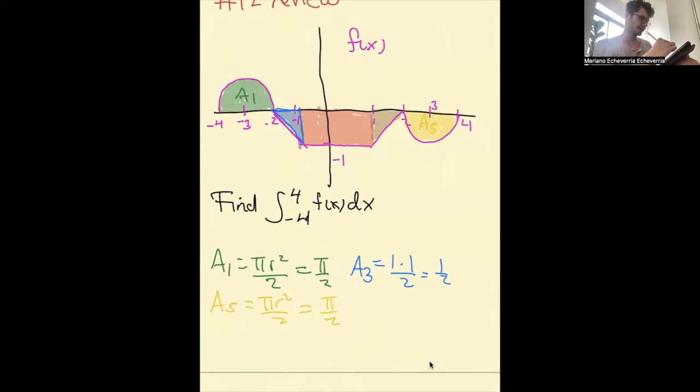Which is the same as, let's call that area 3, I forgot, sorry, which is the same as area 4, because area 4 is also a triangle with the same measure sides.